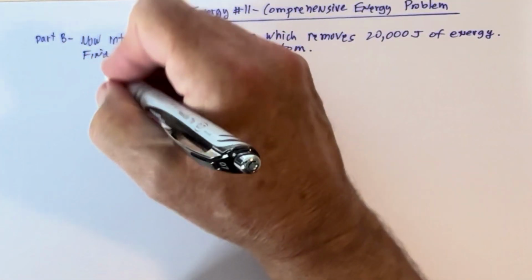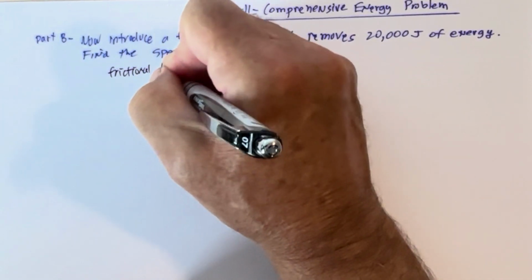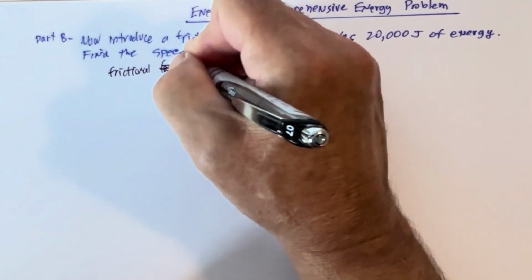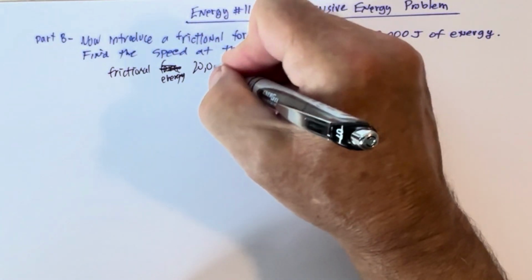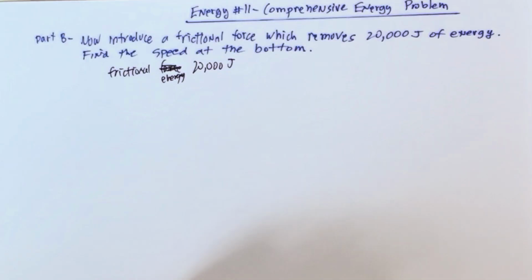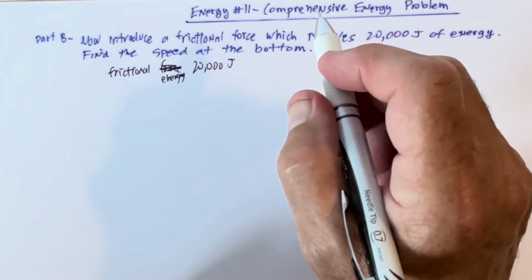The frictional force is a force, but the energy removed from the system is 20,000 joules. So there's a frictional force that removes this amount of energy from the system as it goes down the hill.